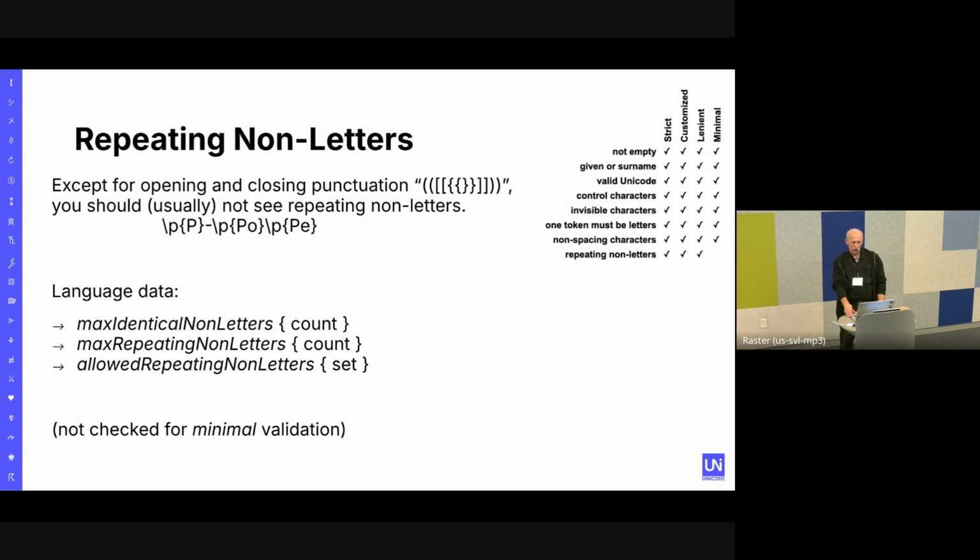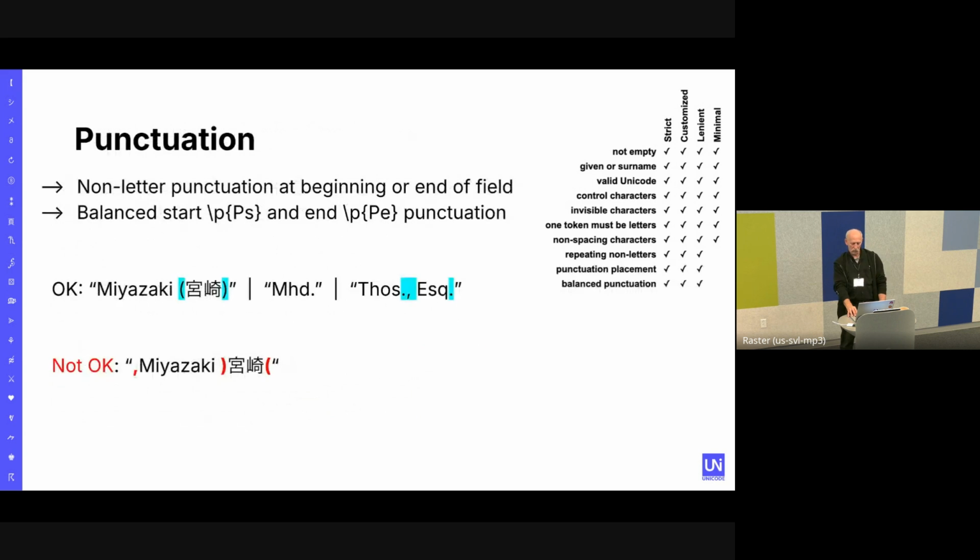And then allowed repeating non-letters. That would be an array of strings that say, yes, we find it's okay to see this sequence in order, or this sequence in order, to be in place. These would not be checked for the minimal validation. You want to allow balanced punctuation. If you have an opening punctuation there, and there's a matching closing punctuation, you should see both of those in the field.